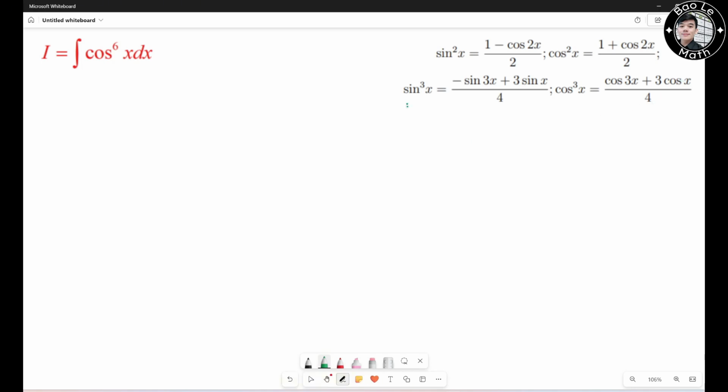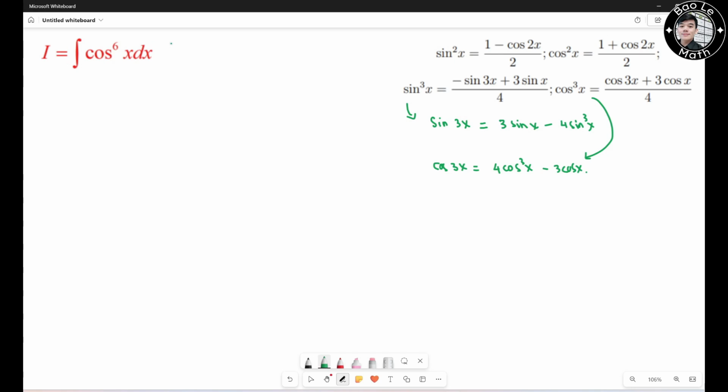Alright, this guy, sine 3s, equals 3 sine s minus 4 sine cubed s, right? And this guy right here, cosine 3s, is 4 cosine cubed s minus 3 cosine s.